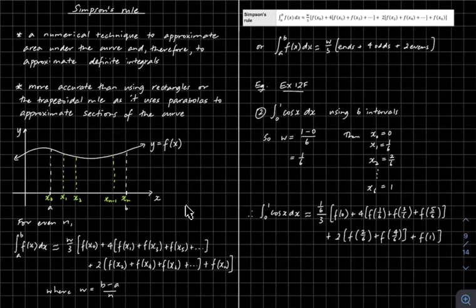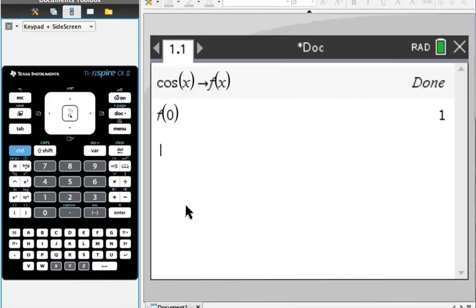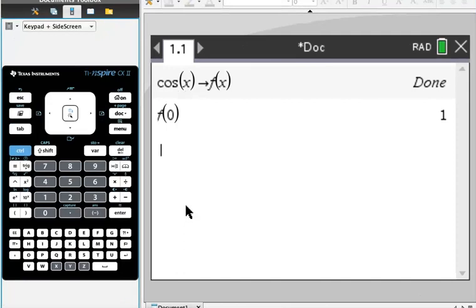So that's what I'm going to be entering on my calculator screen now. So I want 1/6 divided by 3. Well, I guess I could enter that as 1/18.